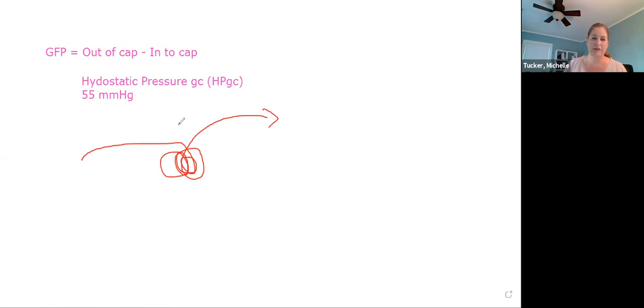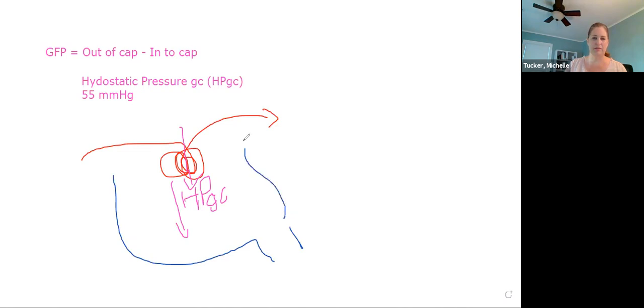So hydrostatic pressure is pushing fluid out. This is the hydrostatic pressure of the glomerular capillary, pushing the fluid into the glomerular capsule. Then you have the glomerular capsule leading to the proximal convoluted tubule. Well, this filtrate has been pushed out and collected, but it's not under vacuum, like where the fluid's getting sucked out.